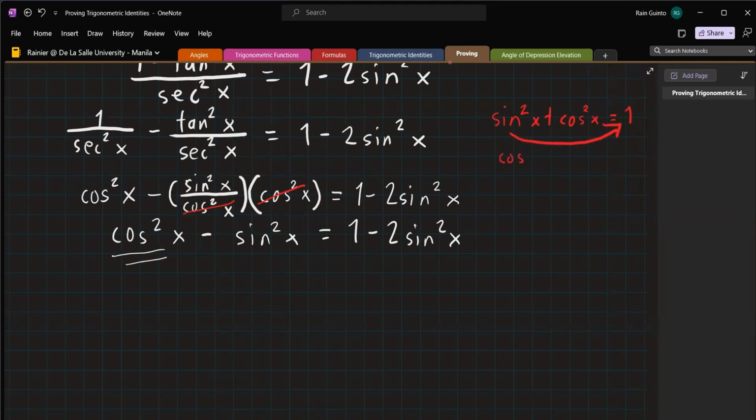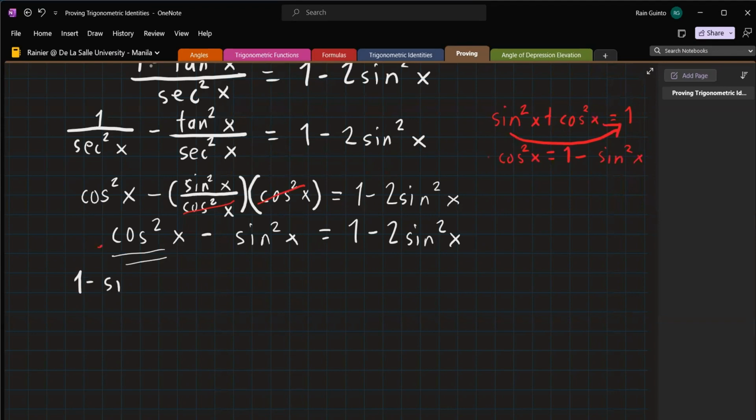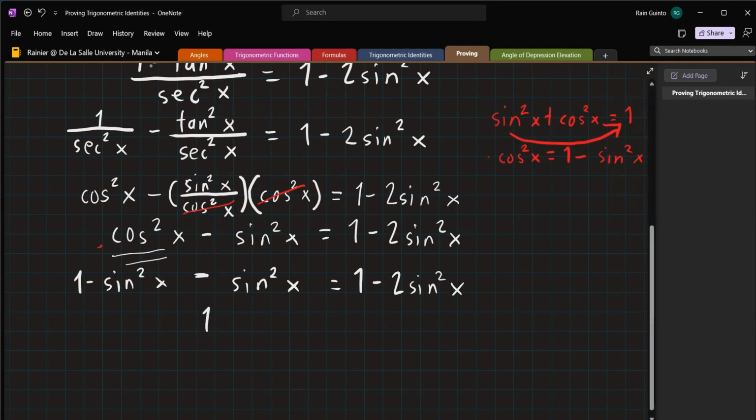That would give us cosine squared x equals 1 minus sine squared x. So we can just substitute this over here. We're going to have 1 minus sine squared x minus sine squared x equals 1 minus 2 sine squared x. And it simplifies into 1 minus 2 sine squared x, which is what we're looking for.